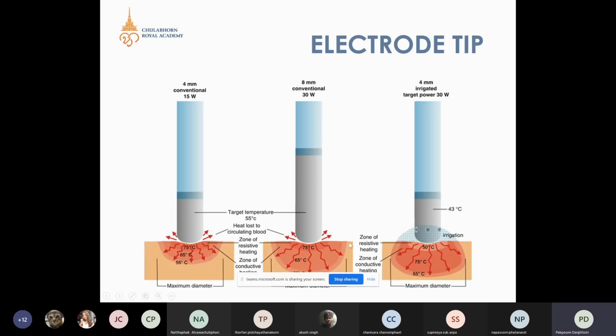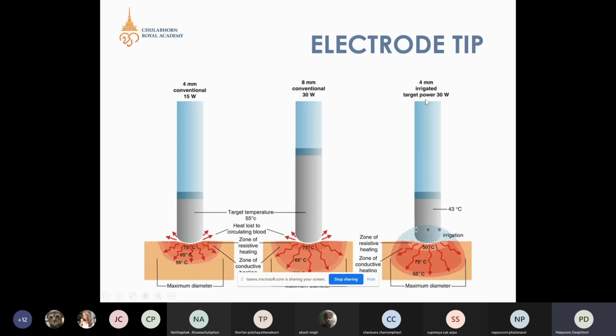When it comes to the 4 millimeter with irrigated tip, the target temperature is 55, right? The target power is 30 watts, as with the 8 millimeter.